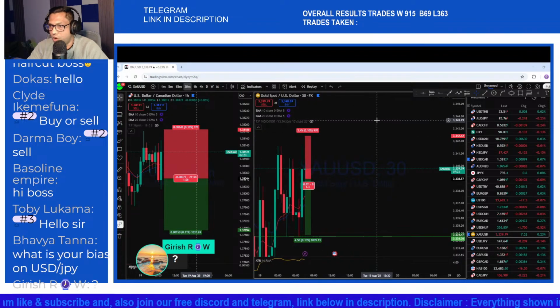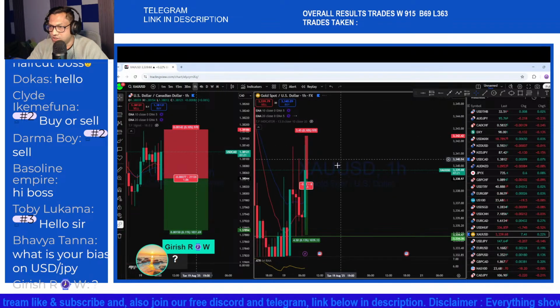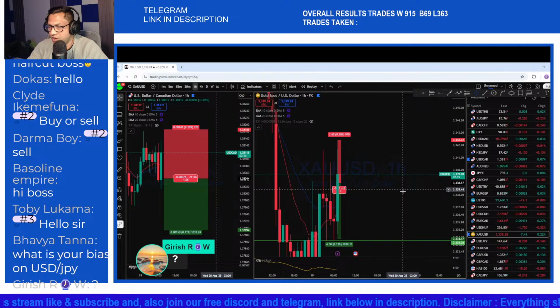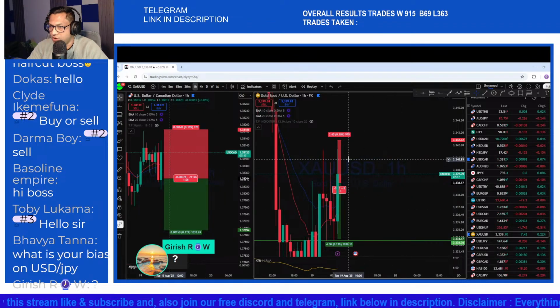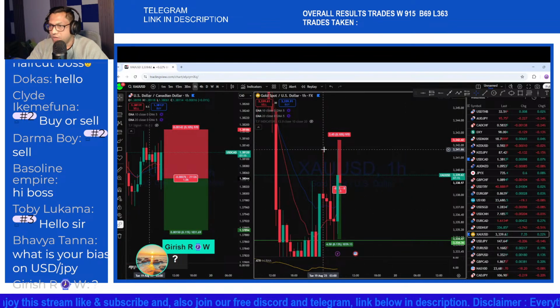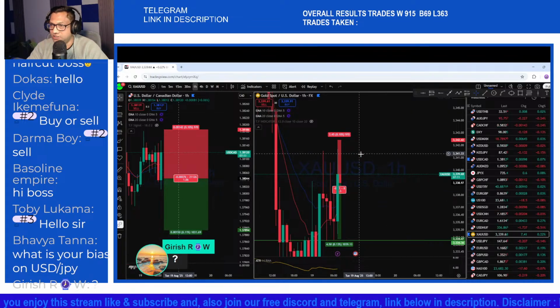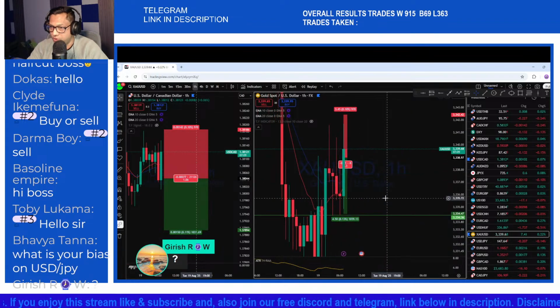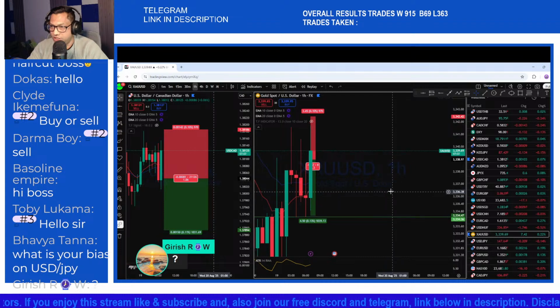Here is the 1 hour price action, where you can see the candle close is coming up, and what we can see on the 1 hour is a double top and a liquidity zone, expecting this market to possibly revert back to the direction of the major trend.